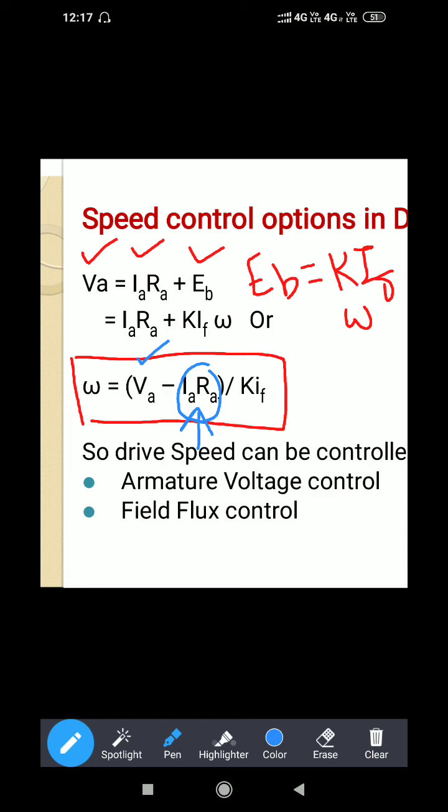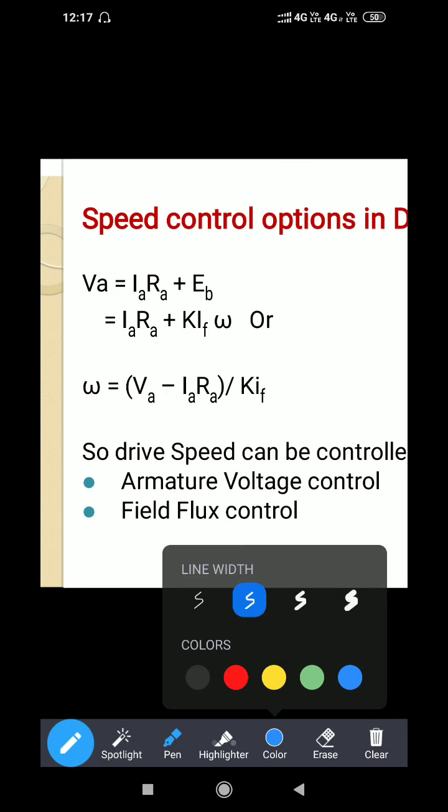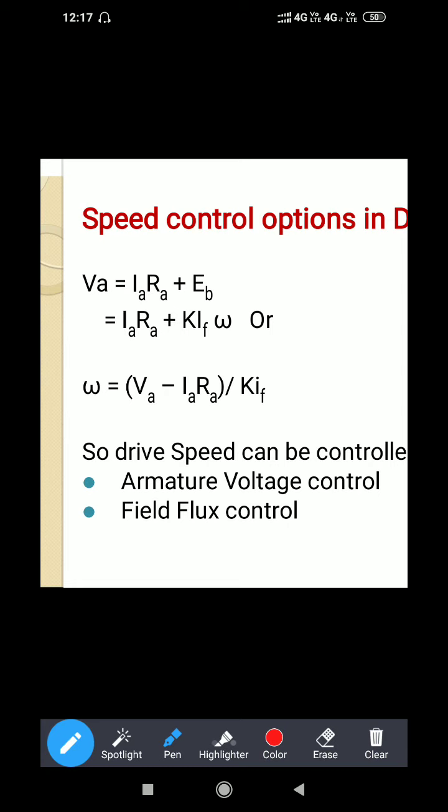In the denominator, K is already a constant, so only IF, that is field current, is remaining. So from this equation we can conclude that the most effective variables regarding the speed of DC motor are armature voltage and the field current, right?